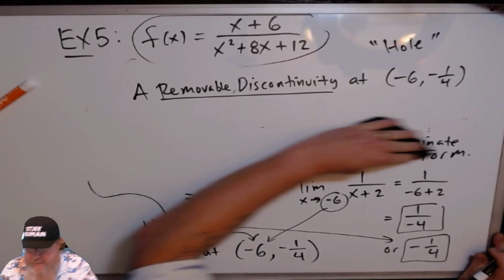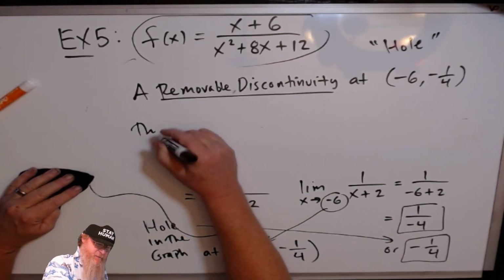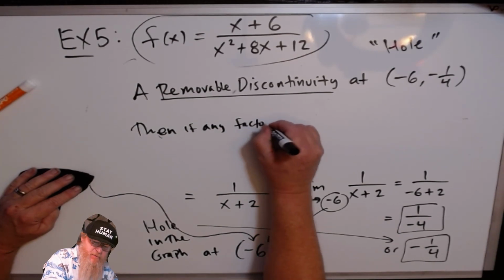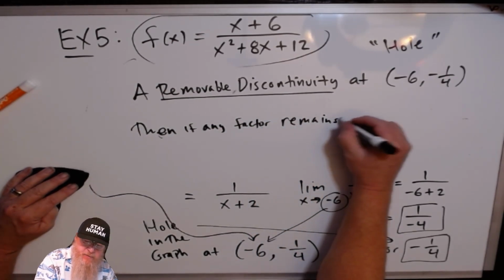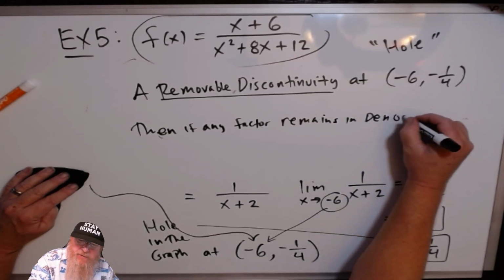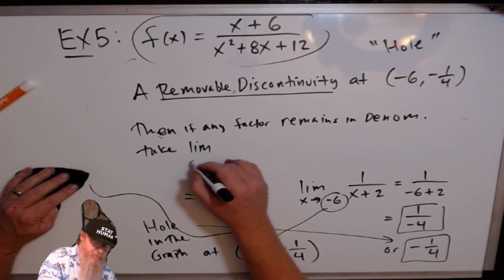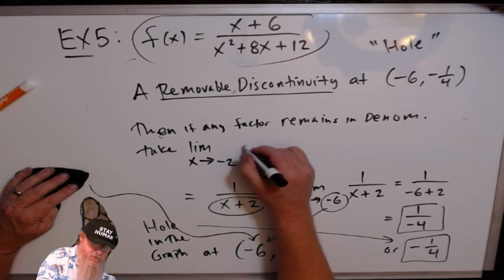All right. And then, if any factor remains in the denominator, take another limit. So this time we're going to go negative 2.